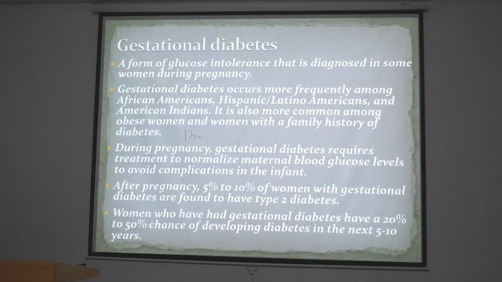This is only a conception. Women who have gestational diabetes have a 20% to 50% chance of developing diabetes in the next 5 to 10 years. If the women are pregnant, they develop diabetes and it is curable. But after some time, there will be chances to become more diabetic.